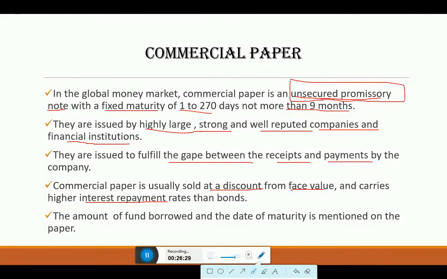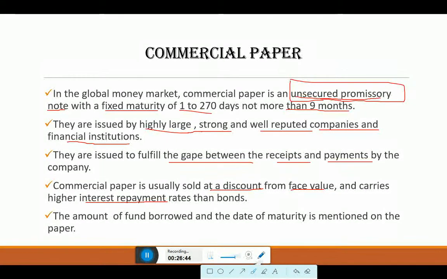For example, if it has a 10% interest, so 10% multiplied by the investment amount, that will be the return as an interest after the maturity.